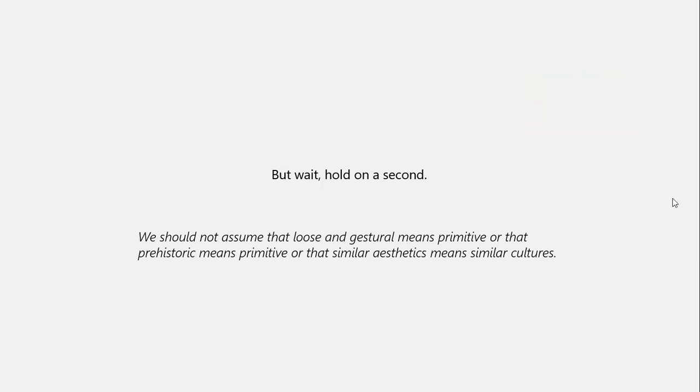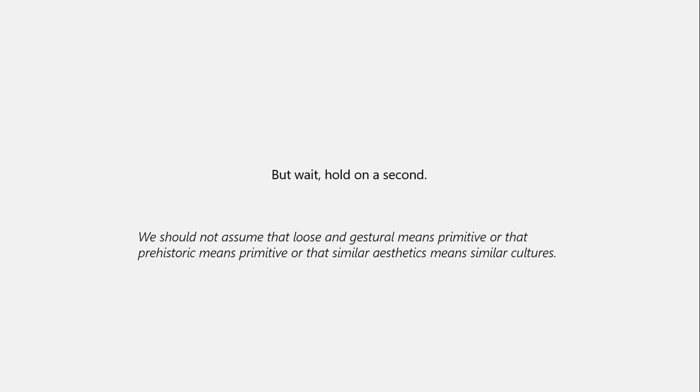So one of the assumptions we should check is that we have this desire to feel like loose and gestural means primitive, and that primitive is generally also the same as prehistoric.